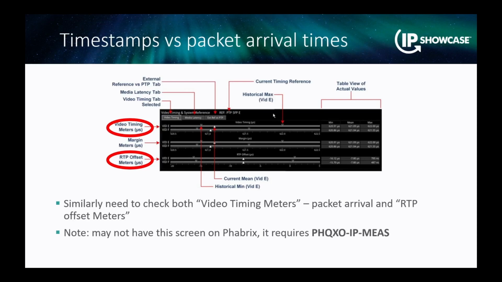There are multiple video timing meters available, packet arrivals and RTP offsets, and some fabrics may not actually have this option, so they may have a reduced version of the screen if they don't have the right measurement license. I mean, speaking personally, having had to debug these in an operational environment, as a vendor going into an end user's network and trying to resolve issues, I think the Prism is a little bit too vague and the Fabrics is a bit too complicated.